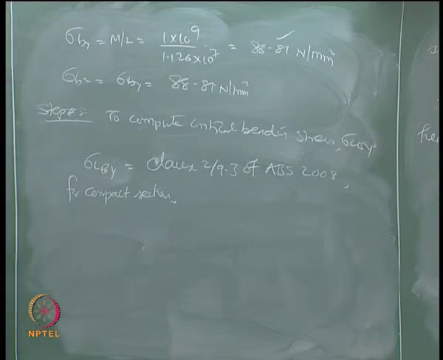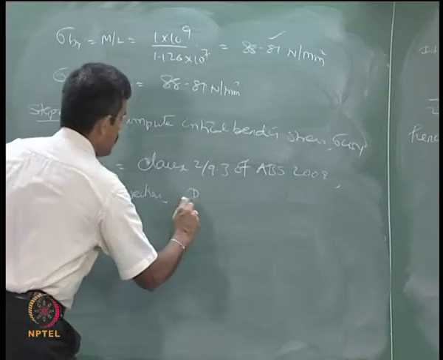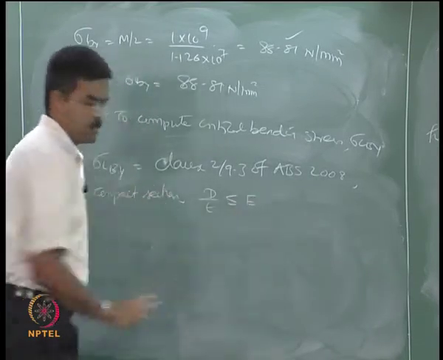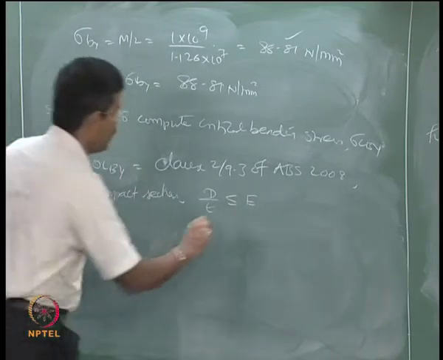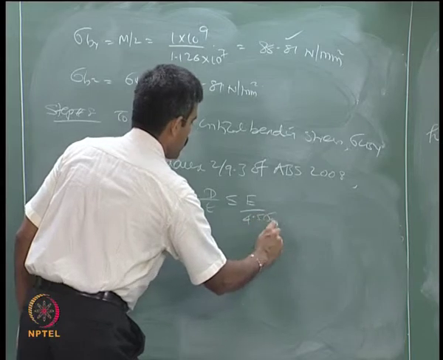For the compact section, that is d by t less than or equal to E by 4.5 sigma naught.